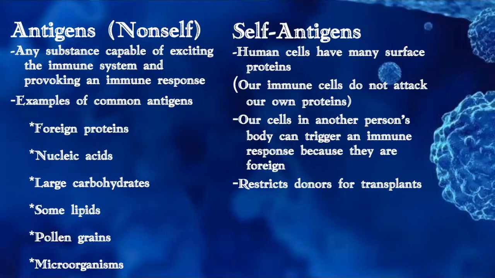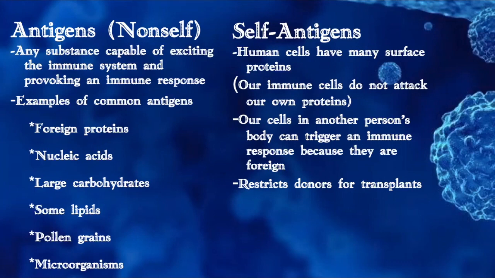Now there are non-self antigens, which are your normal antigens that we think of. This is outside the body. These are things that are going to, as we said, provoke an immune response that enters the body, such as foreign proteins, and as we talked about allergies, pollen grains, and other microorganisms.